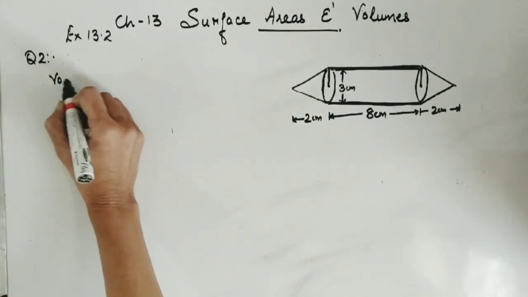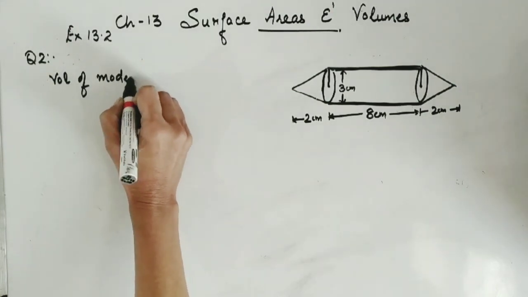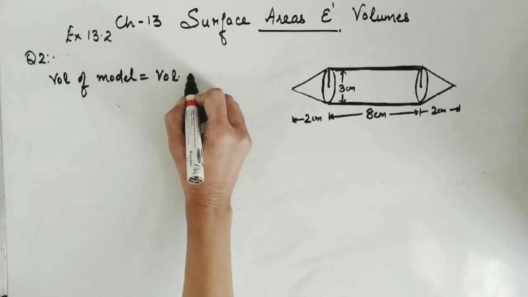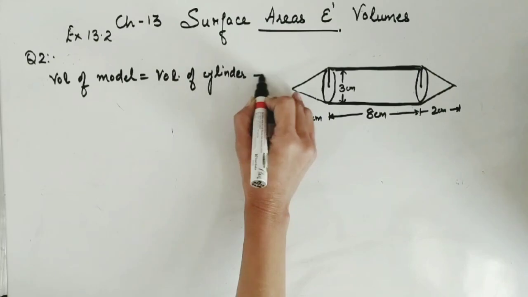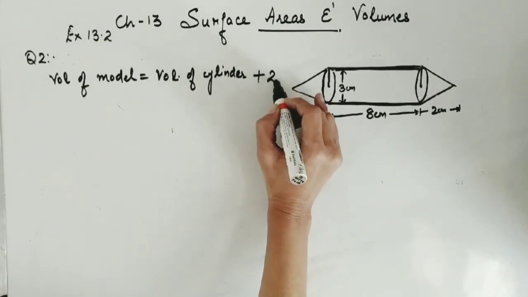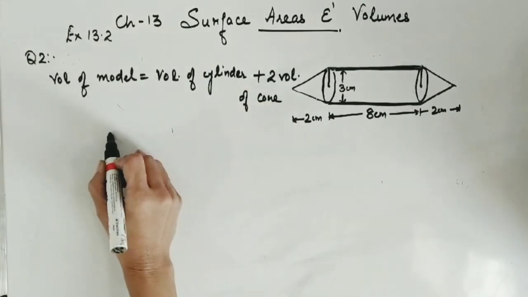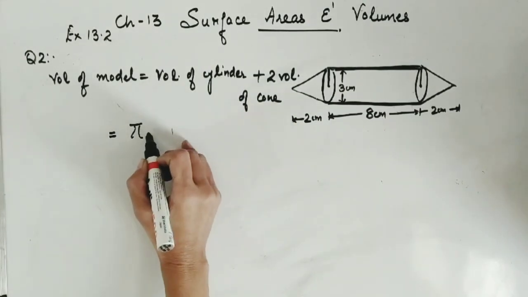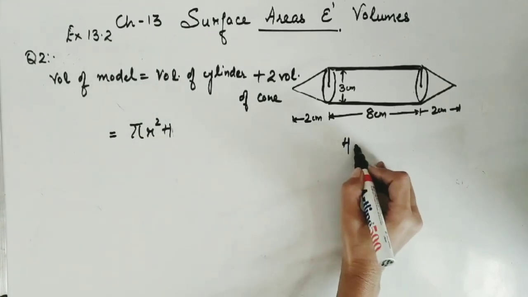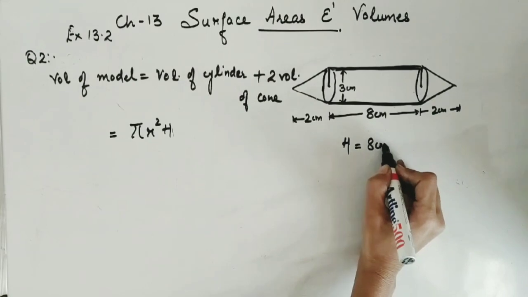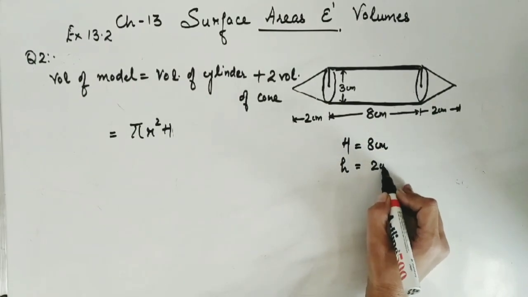So the volume of this model will be the volume of the cylinder added to twice the volume of the cone. We know the formula for the volume of a cylinder: pi r square H. I'm using capital H for the height of the cylinder, which is 8 centimeter, and small h for the cone, which is 2 centimeter.